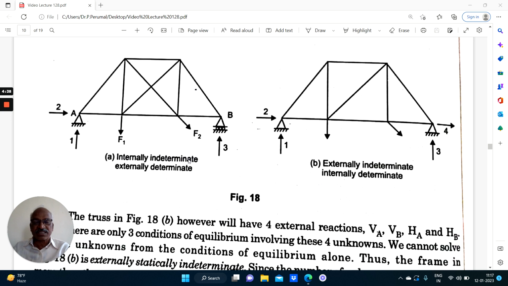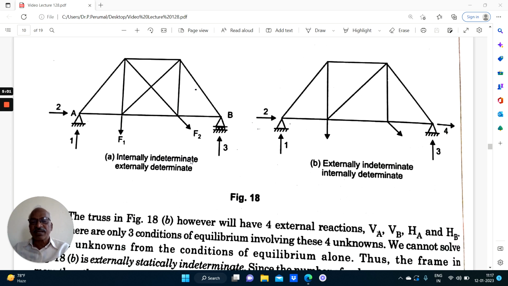It cannot be analyzed by using the basic conditions of equilibrium alone. But there is a procedure for analyzing an indeterminate structure. That is internal indeterminacy, having more members than what is required for the stability of the given truss.